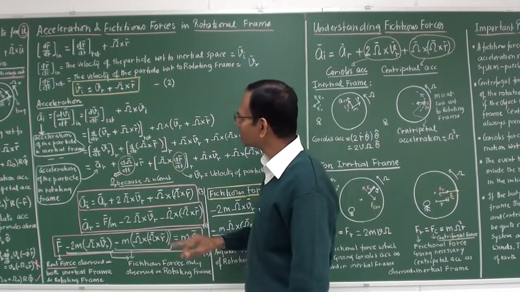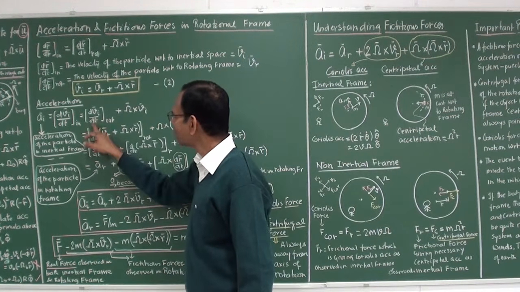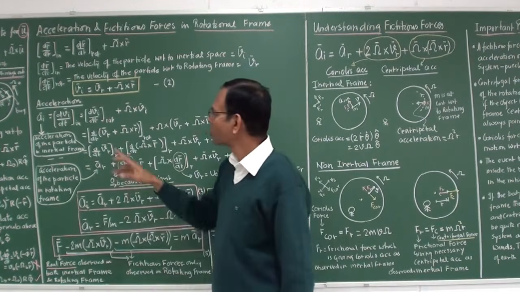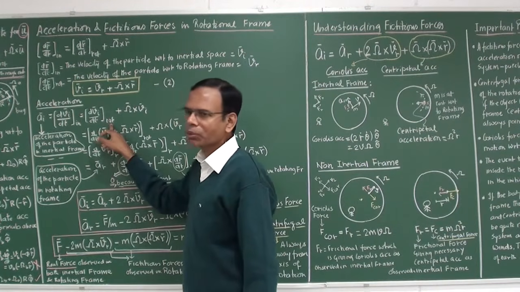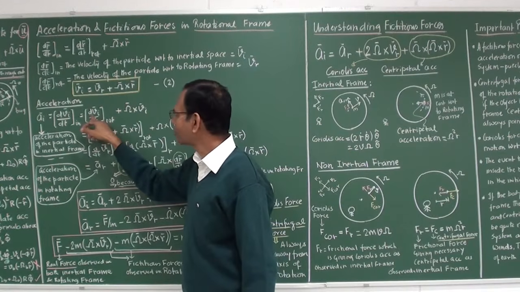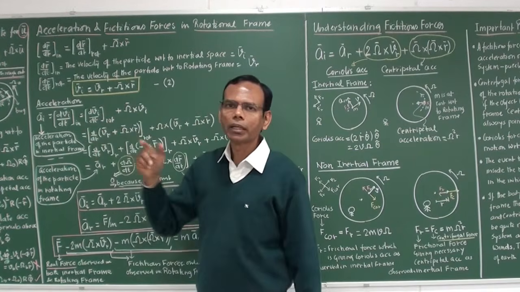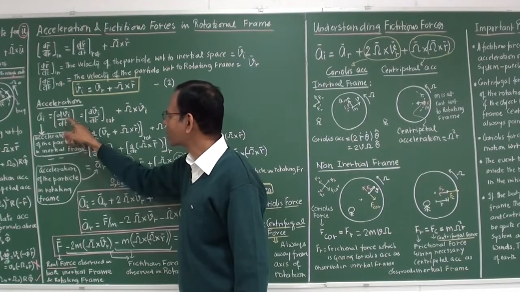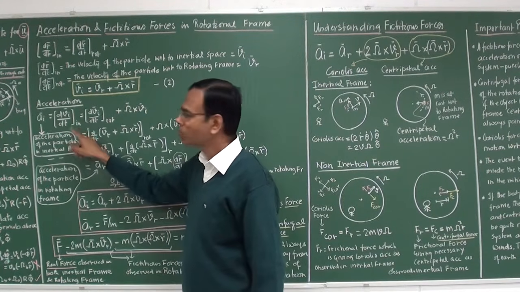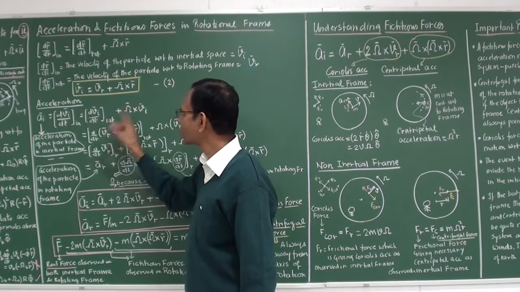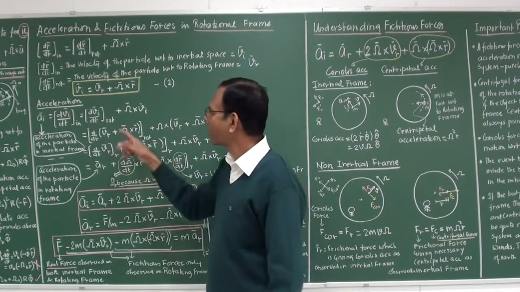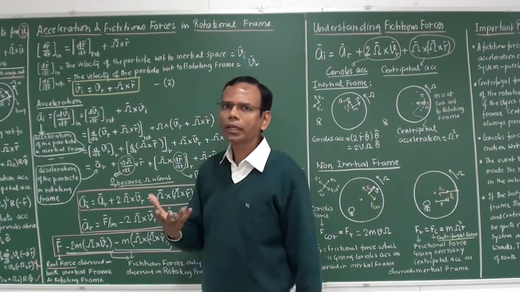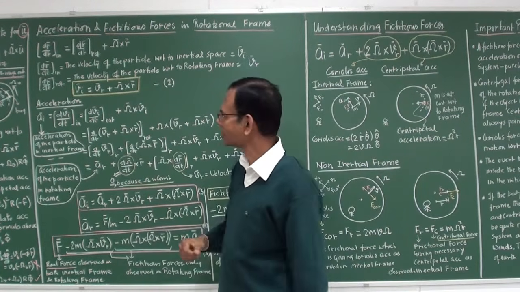Now the problem is this dvi by dt doesn't make sense, because I am in the rotational frame and I am differentiating the velocity of the inertial frame. dvi by dt inertial makes sense, but dvi by dt rotational doesn't. If I have to take dv by dt, then the v should actually be in the rotating frame, isn't it?